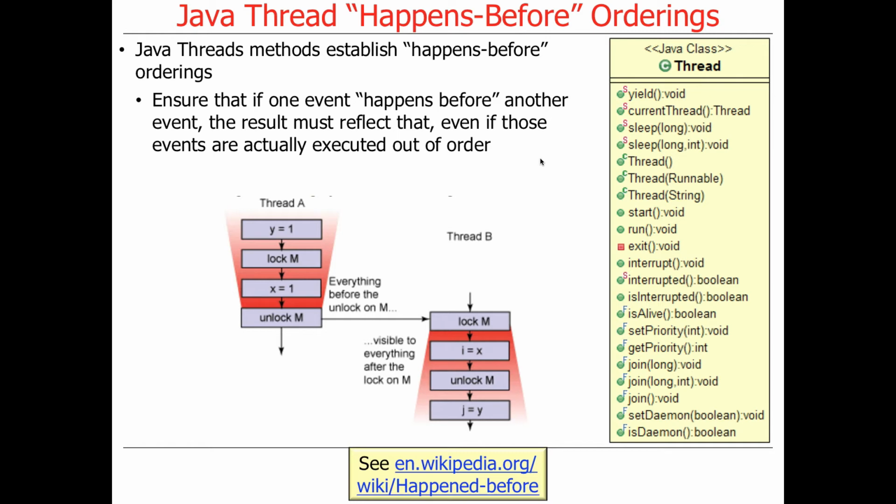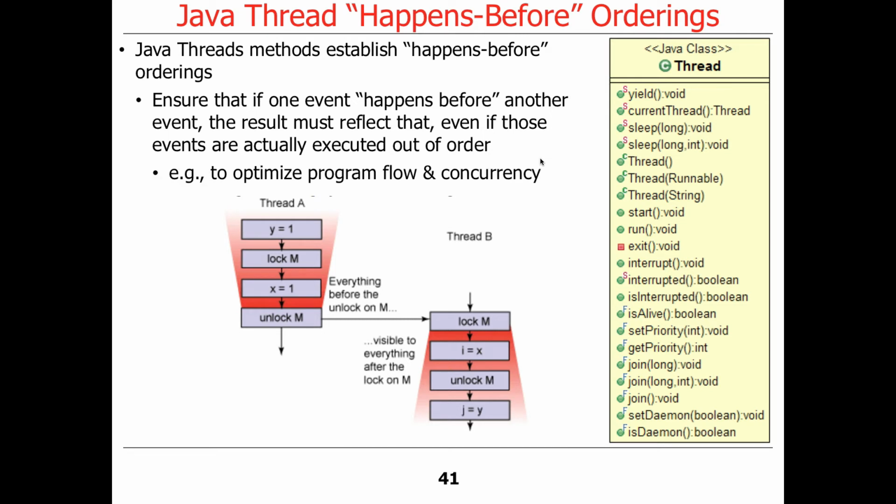How could it actually execute out of order, and so on? And the reason why things can execute out of order was something we talked about a little earlier, but we'll talk about a lot more as we go along. The underlying compiler, the underlying Java execution environment, the virtual machine, and so on, can actually execute code in a different order in order to make it run faster.